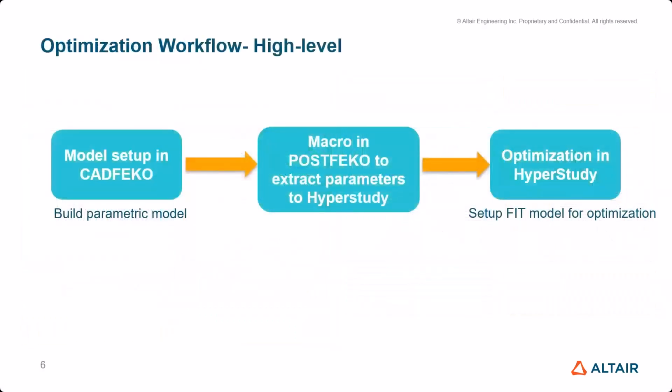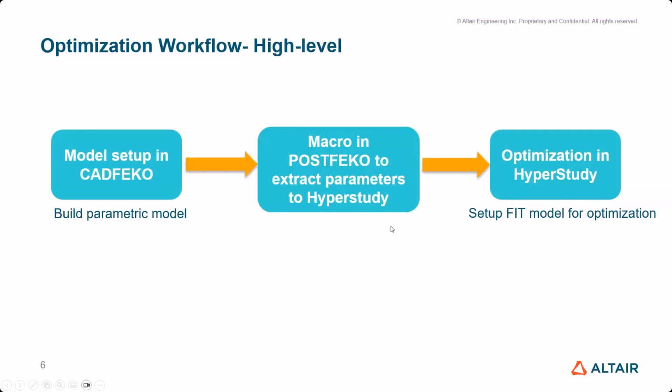process. So on a higher level, the workflow is as follows. You build a model setup in CADFEKO. Now this model has to be a parametric model. So all of the design variables or all of the dimensions of the antenna that you create should be assigned in terms of variables. Once your model is ready, you run the FEKO solver, and you open POSTFEKO.